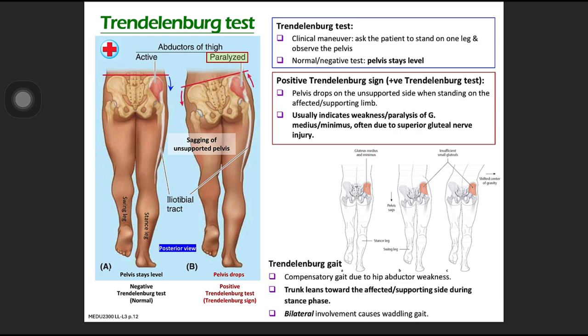What we see in a positive Trendelenburg test is that the pelvic drops on the unsupported side when standing on the affected limb. Okay, so this usually indicates that there could be weakness or paralysis of the gluteus medius or minimus. It is often due to superior gluteal nerve injury.